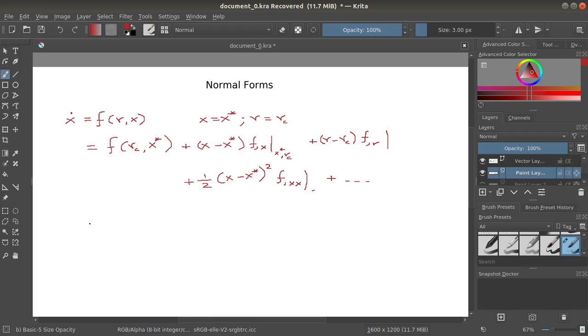I'll get the following function, which is a into r minus r c, where a is nothing but this one, plus b into x minus x star square, where b is half into this function.